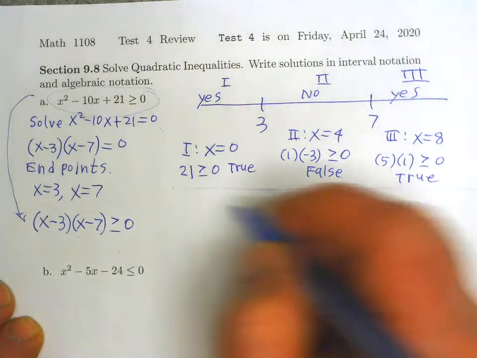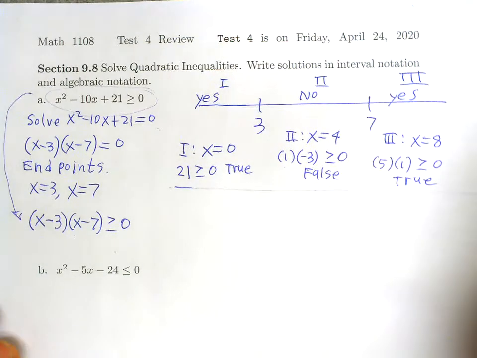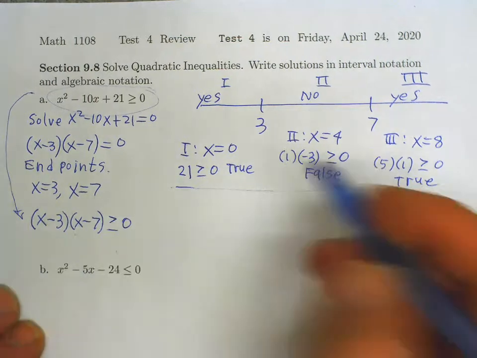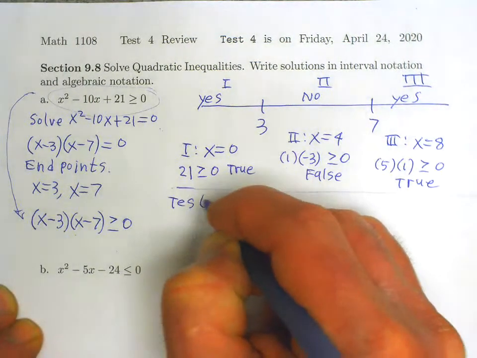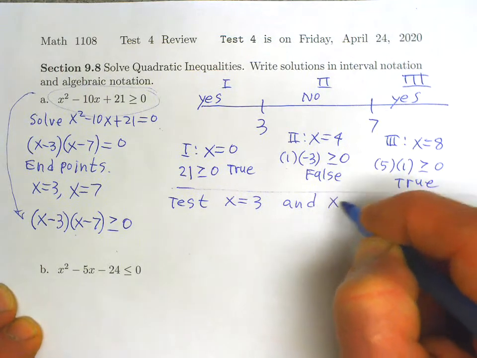Now, oftentimes I just explain why or why not the endpoints are included. But let's test the endpoints. Test x equals 3 and x equals 7.